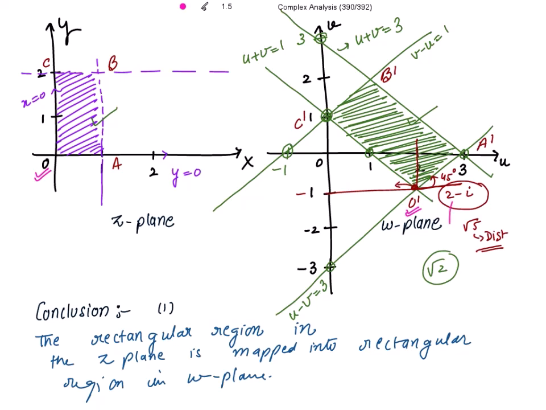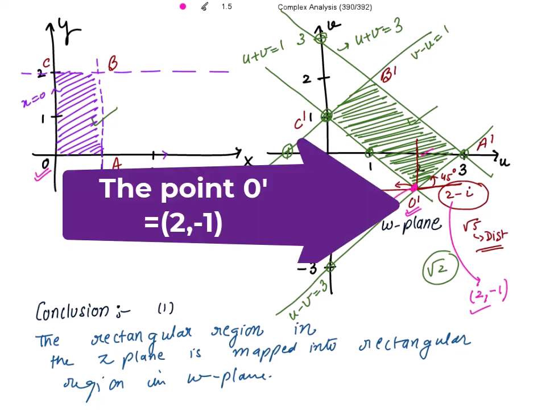If I check this vector in the coordinate form, the real part is 2, imaginary part is minus 1. So 0 is transformed into the point 2, minus 1. That is this point. This is 2, this is negative 1. So this point is 2, minus 1.